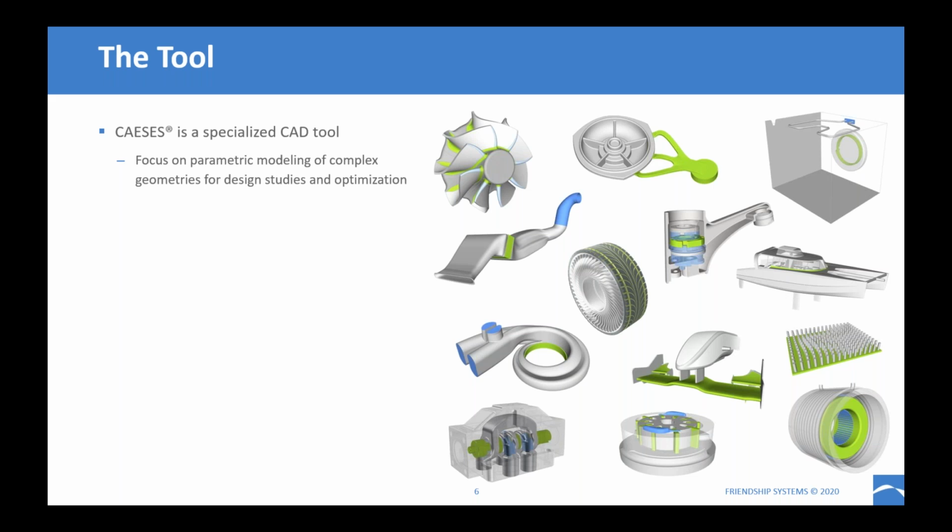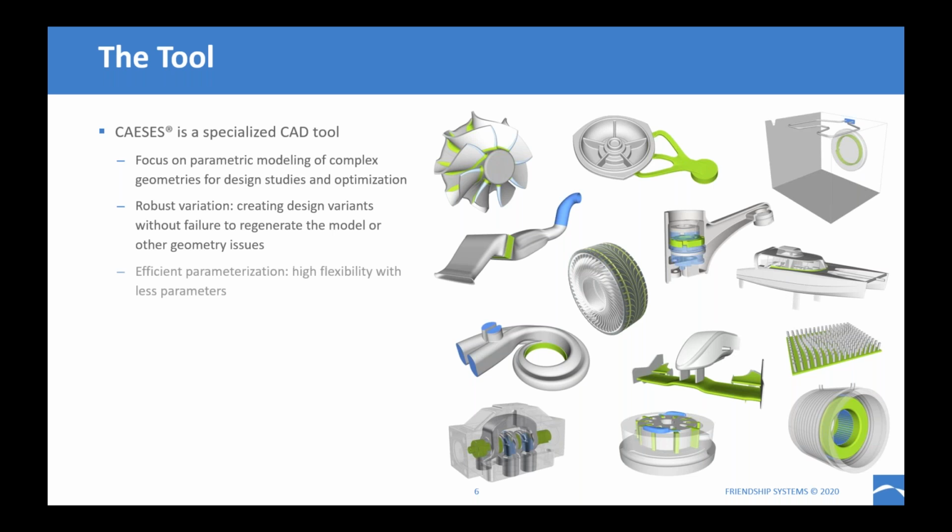We want to be able to parameterize them, and that's one of our focuses. We would like to vary them in a robust way so that we can create all the design variants that we want without failures to regenerate the model or any kind of geometry issues that we encounter along the way.